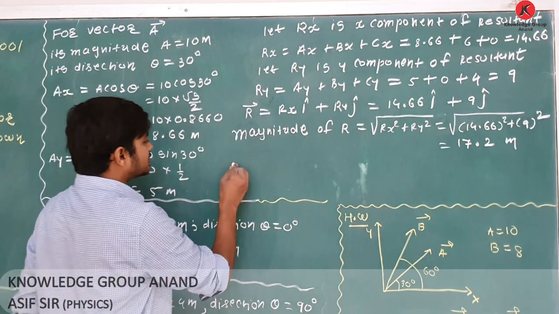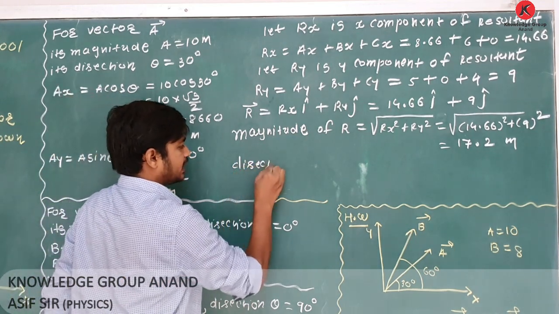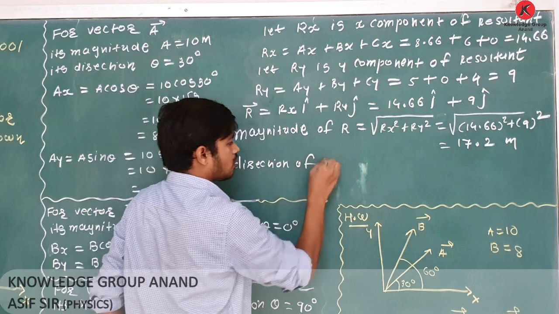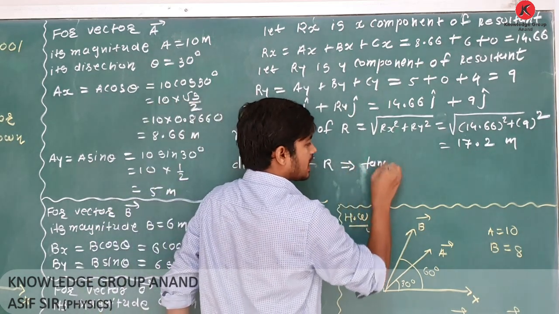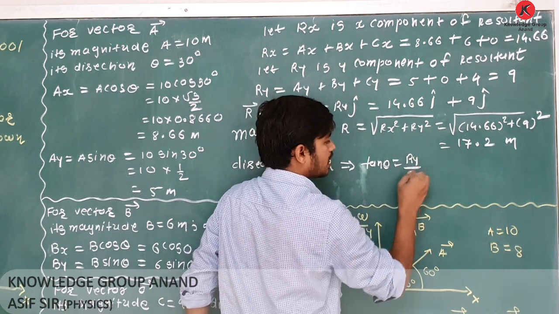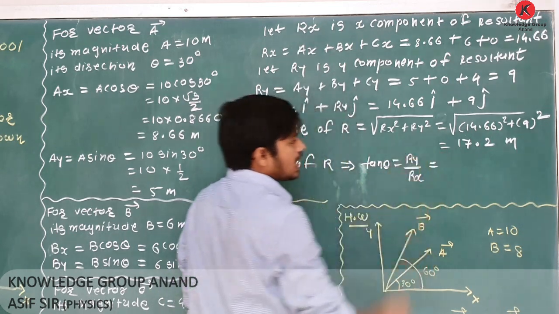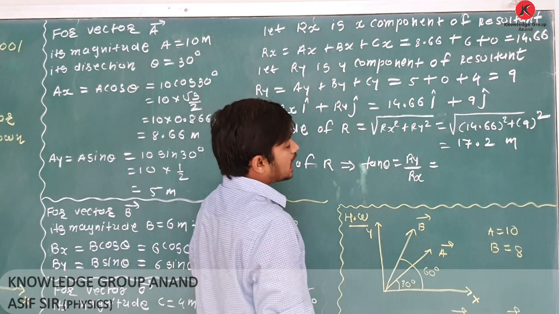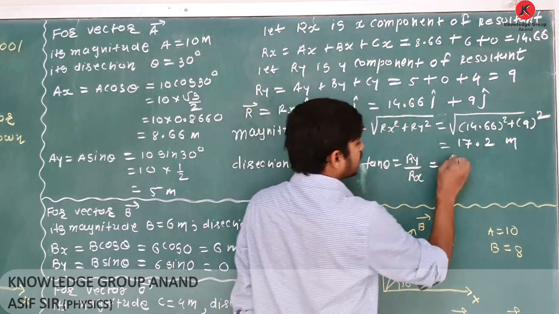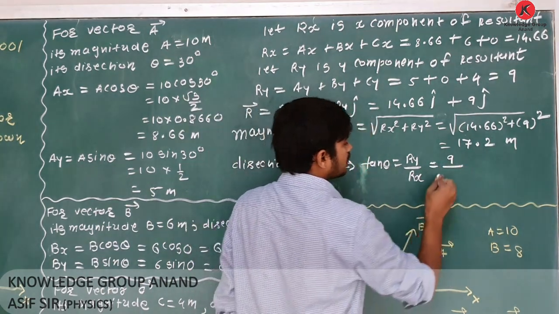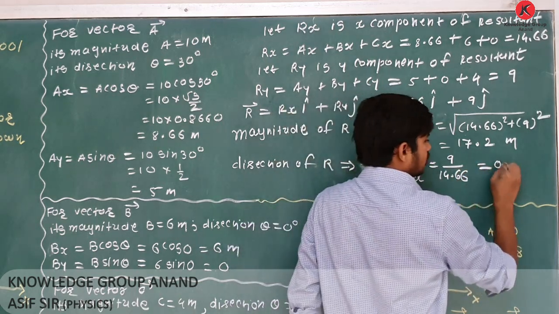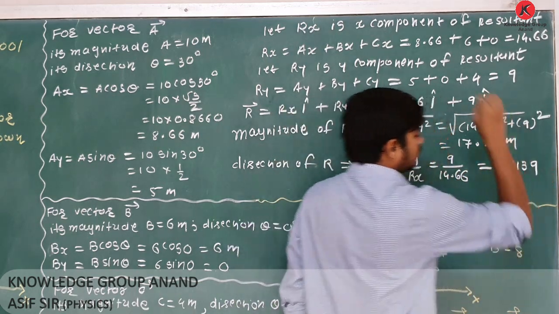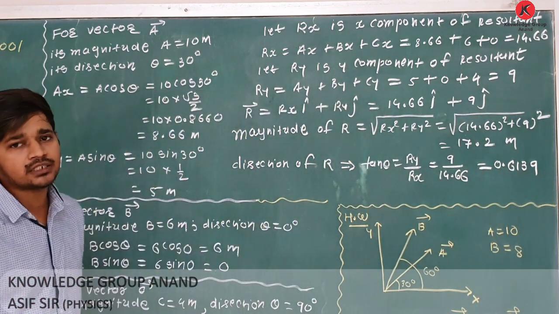Clear? How to find its direction? Direction of R. Tan theta is equal to Ry upon Rx, and Ry upon Rx is equal to 9 upon 14.66, which is 0.6139.